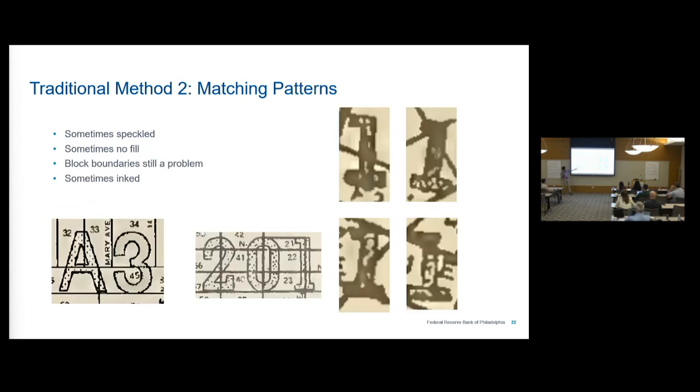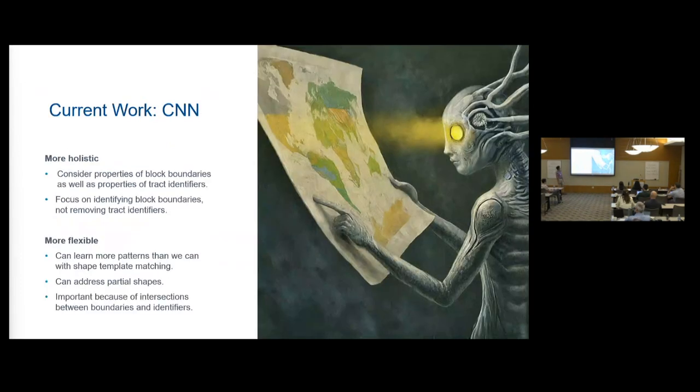What else doesn't work? Well, you might notice that there's speckling in here. That also doesn't work because they're inconsistent. These are hand inked. So it's really a nightmare. So what is our current strategy? We are developing a neural network model. It's going to be more flexible than we can.